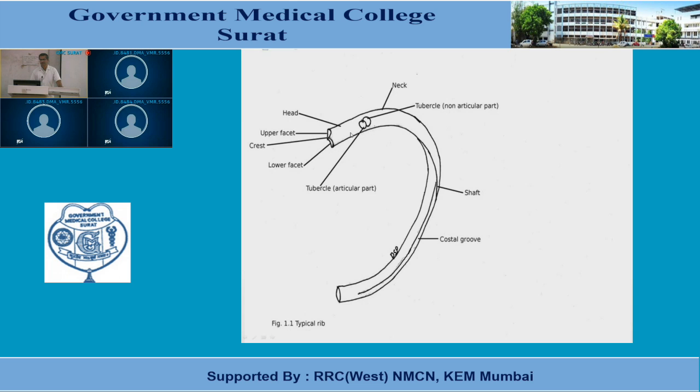Now this neck is a part of the posterior aspect of the rib. From the head, this neck goes posteriorly, backward and laterally. It is flat. It shows two surfaces, anterior and posterior, an upper border and a lower border.